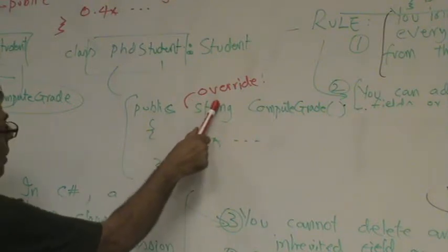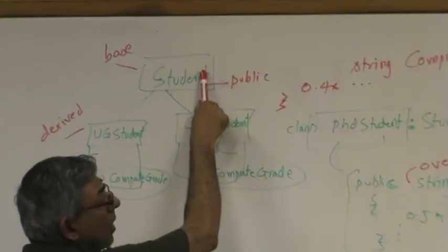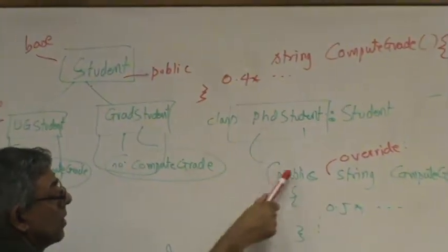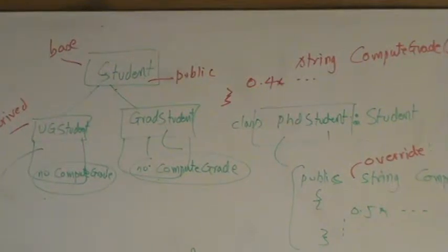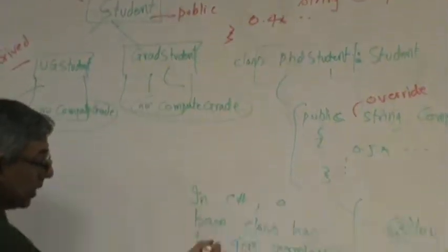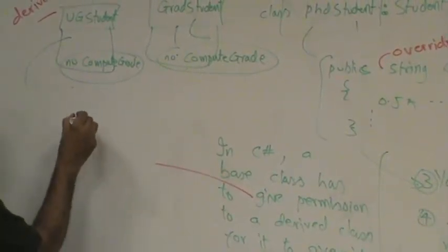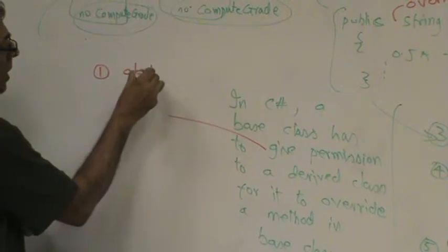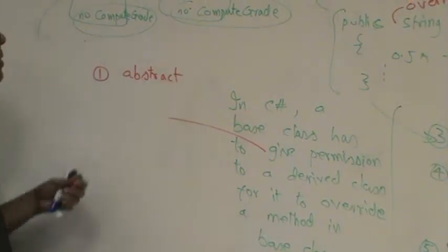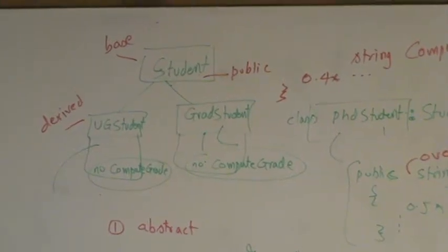If we are saying override over here, remember as I mentioned, the base class has to give permission to allow somebody to override, right? And the base class gives permission through a couple of keywords. The first keyword is the base class can say the method is abstract. So if it was declared abstract, we can do an override perfectly fine, okay?